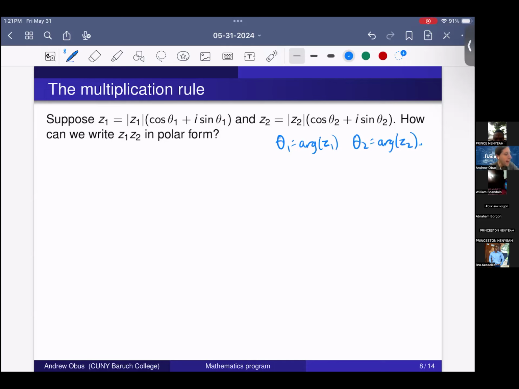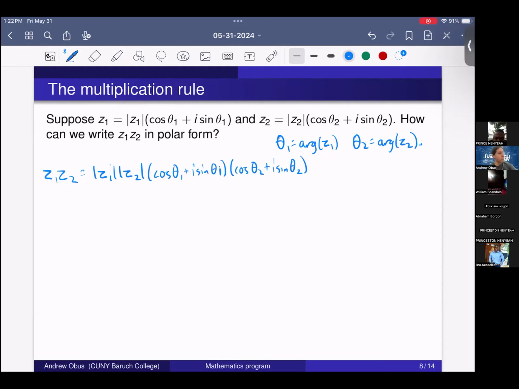Okay, so now what happens if I multiply them? So how can I write Z1 Z2 in polar form? Well, if I multiply these numbers, what do I get? I get that Z1 Z2 equals the absolute value of Z1 times the absolute value of Z2. These are just real numbers. And then times cosine theta 1 plus i sine theta 1, times cosine theta 2 plus i sine theta 2.